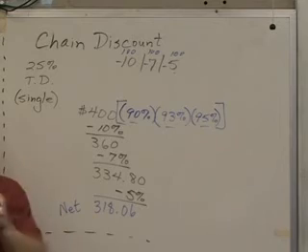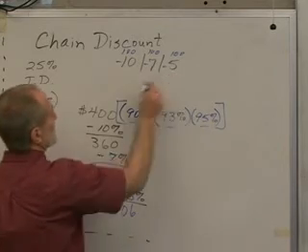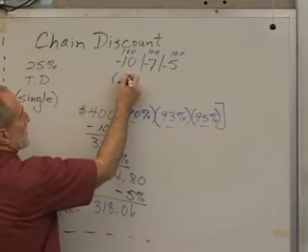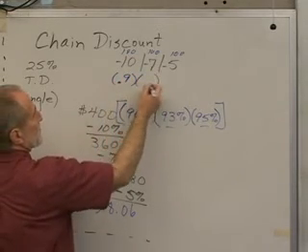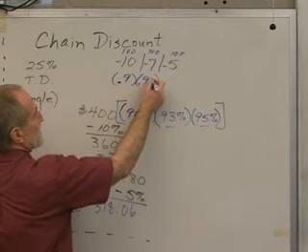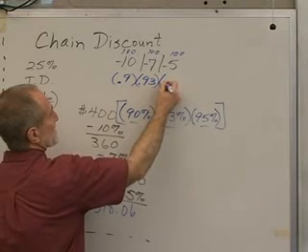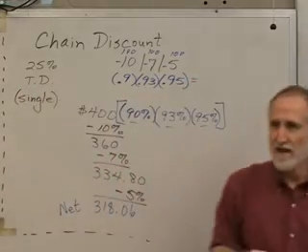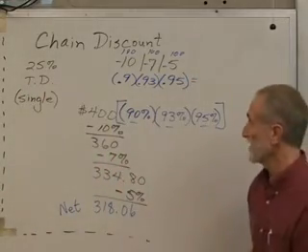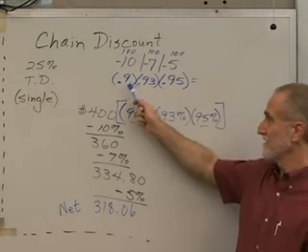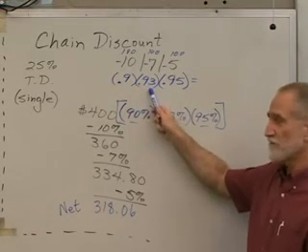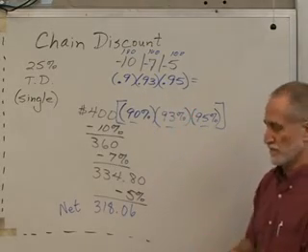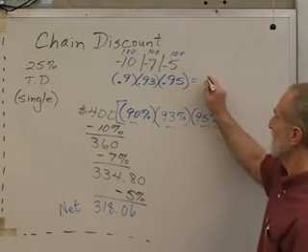So 90% as a decimal is what? 0.9, and 93% is 0.93, and 95% is 0.95. So whether you have a simple calculator or a scientific calculator, punch in 0.9 times 0.93 times 0.95 equals. And that'll be a decimal. It'll have a lot of decimal places, and we do not round this thing off.